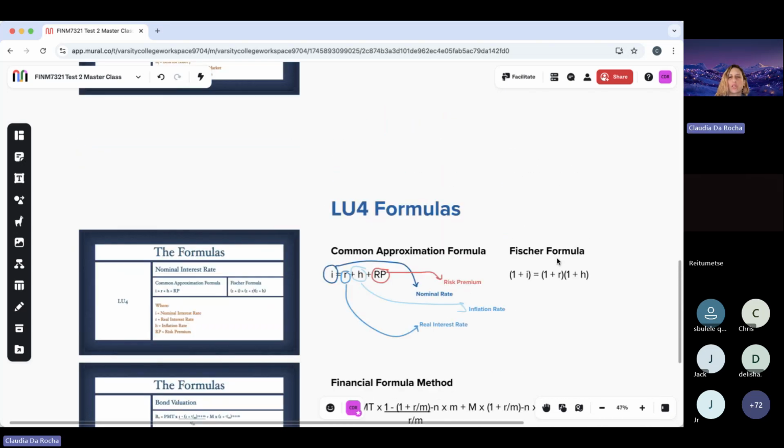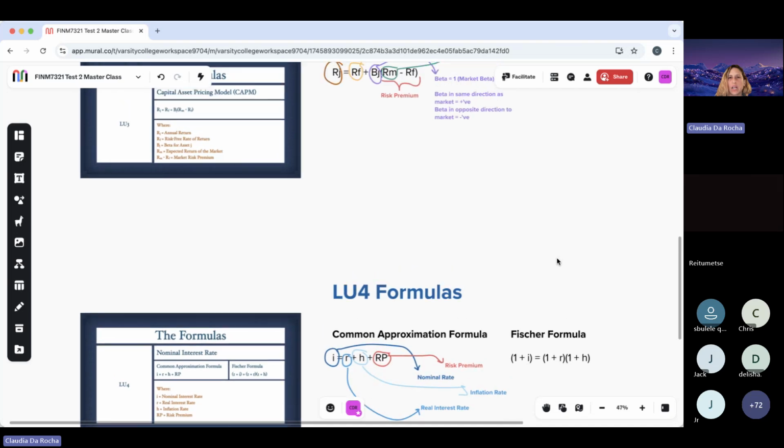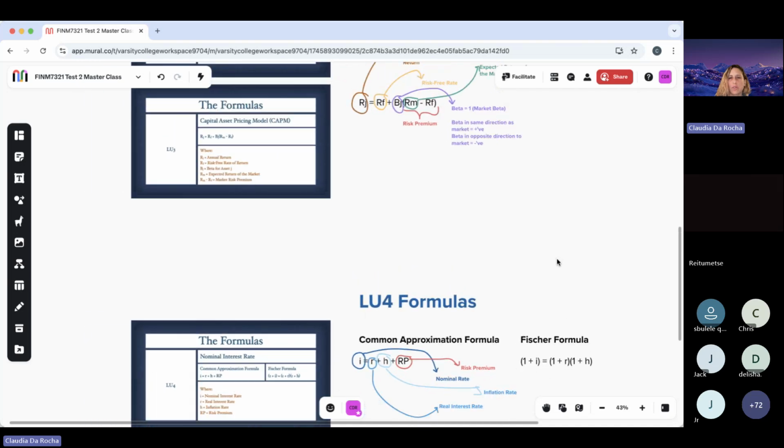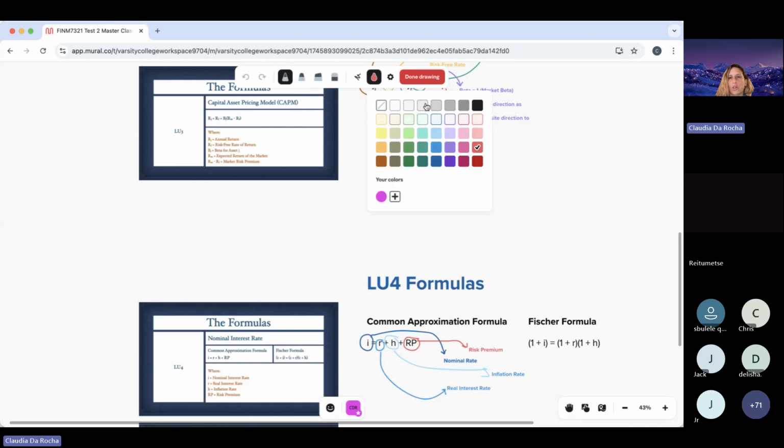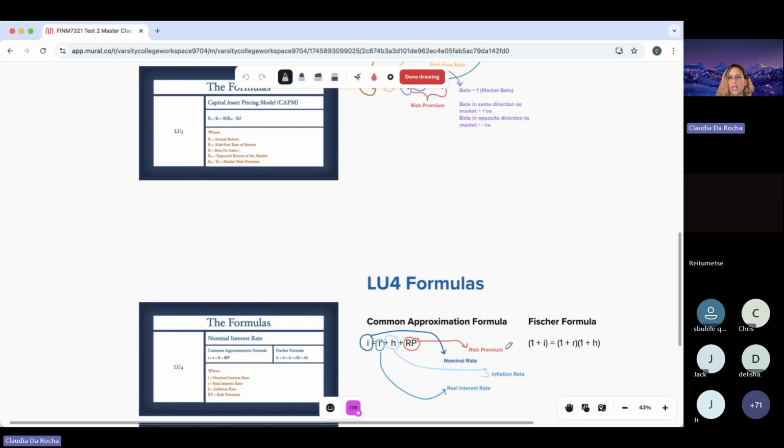Okay, if we look at our common approximation formula and our CAPM, there are similarities, in case you were wondering or wanted to understand the link.